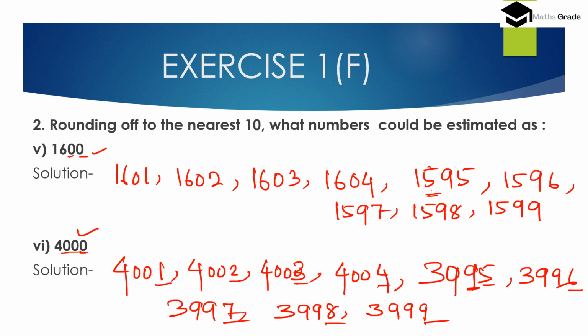Then this 1 carried over is added to the hundreds place digit. Now this 1 carried over is added to the thousands place digit. It will be 3 plus 1, that is 4. So these are the numbers rounded to the nearest 10 that will be 4000.